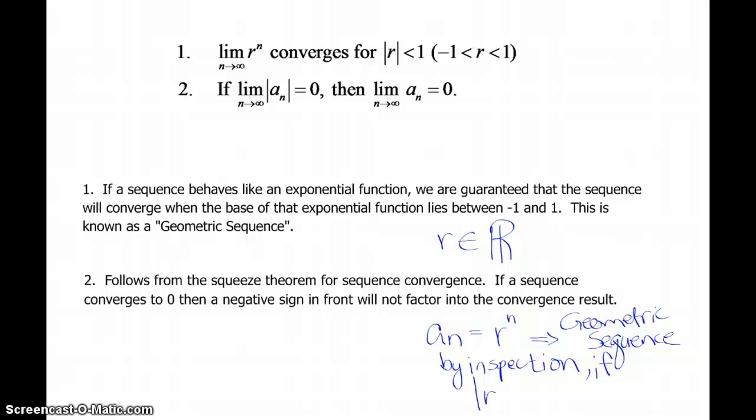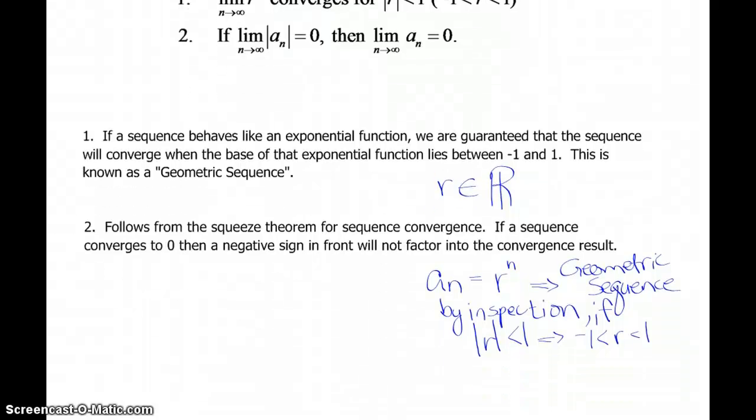If the absolute value of r is less than 1, which implies r has real number values between -1 and 1, then we are guaranteed that a sequence of that form converges. Then a sub n converges.